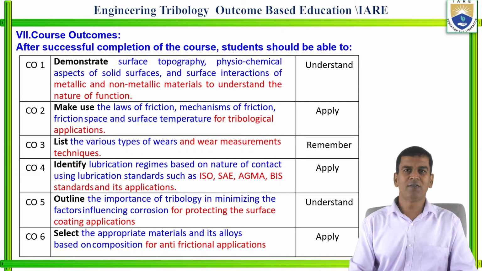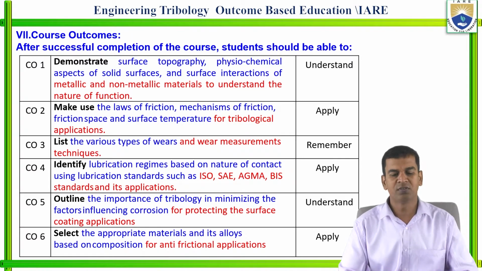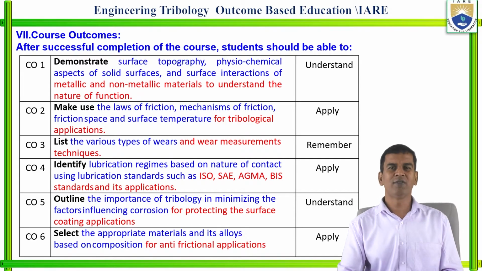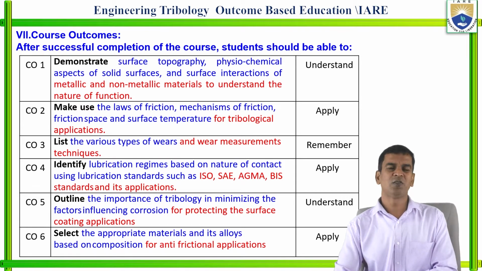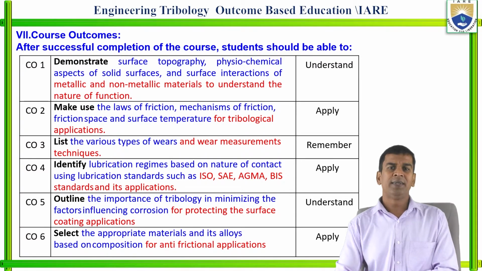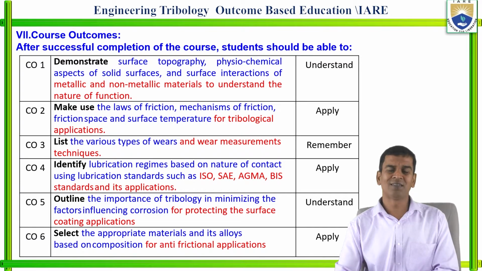Fifthly, the student will be able to outline the importance of tribology in minimizing the factors influencing corrosion and for protecting the surface coating applications. Here, the fifth CO mainly focuses on corrosion, and the student will understand the principle of corrosion and the factors affecting it, and how corrosion is to be minimized, whether by surface coating or mixing of alloys in the base material.